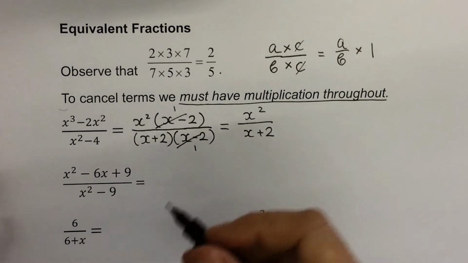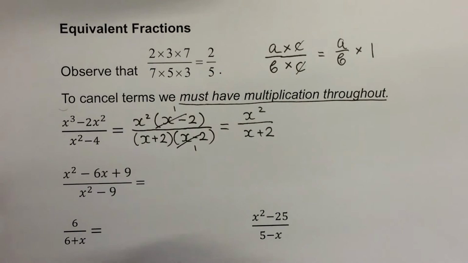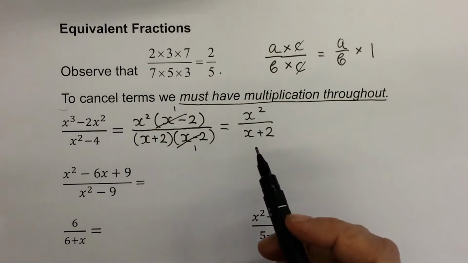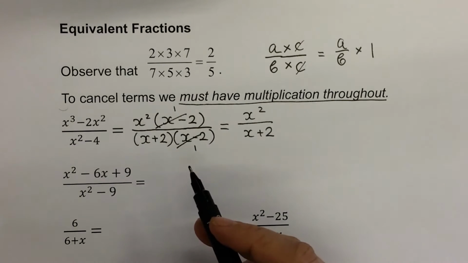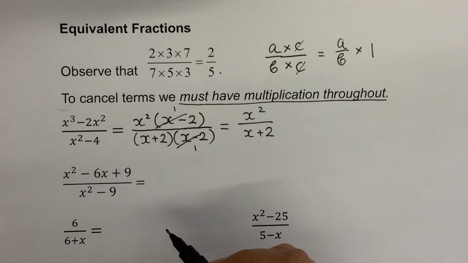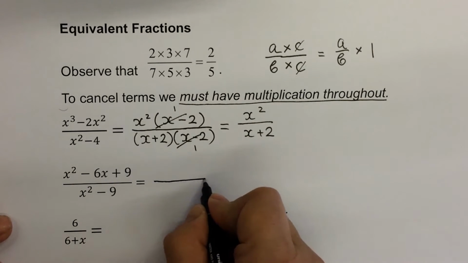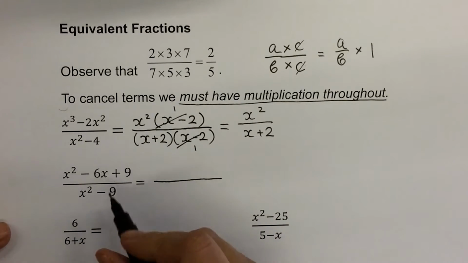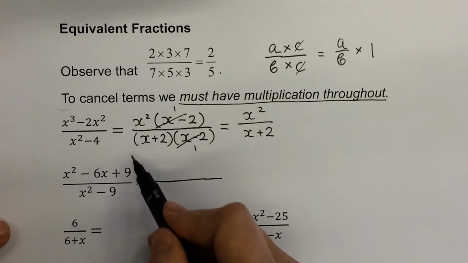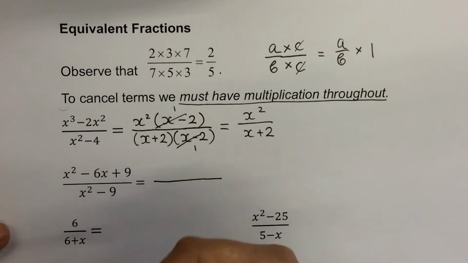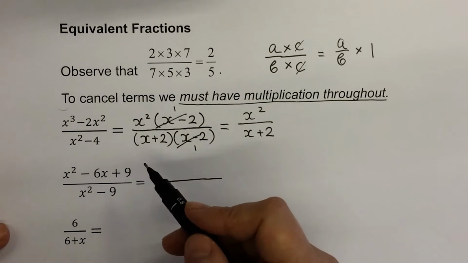Okay, next example. Again, we have some sort of addition and subtraction in both numerator and denominator, so we have to factorize them first. Let's deal with the numerator. As I said, those special products, you should be able to recognize them both from right to left and left to right.